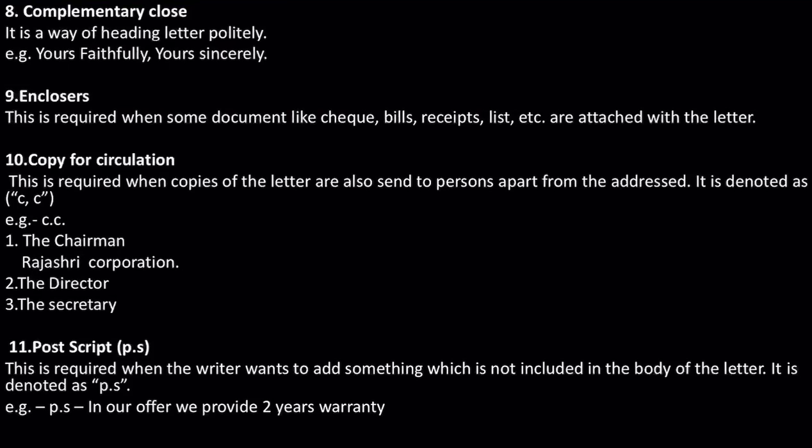And last is postscript. This is required when the writer wants to add something which is not included in the body of the letter, and it is denoted as PS. For example, in our offer, we provide 2 years warranty. So all these things are part of the layout of a business letter.